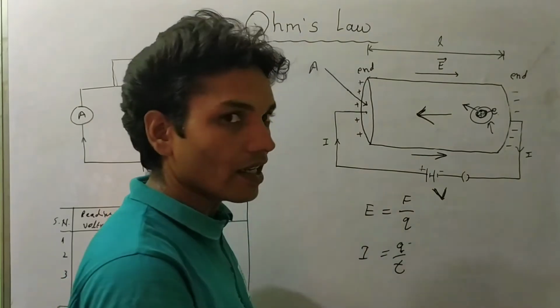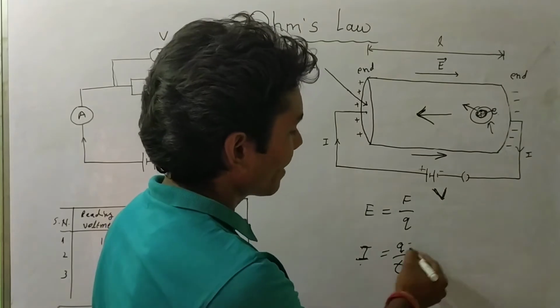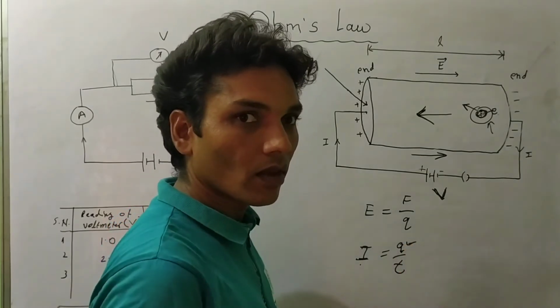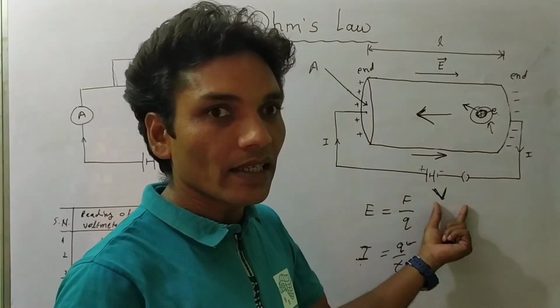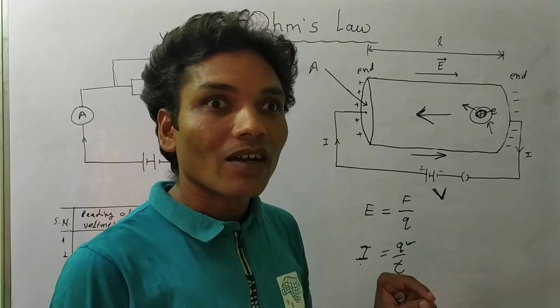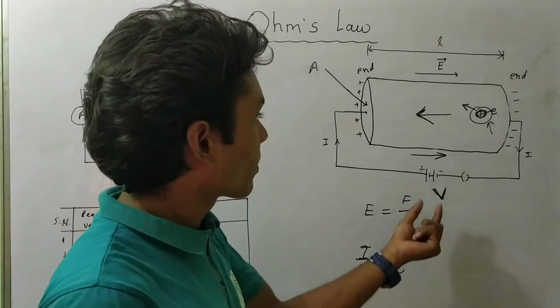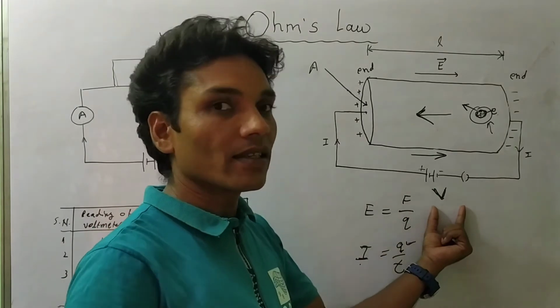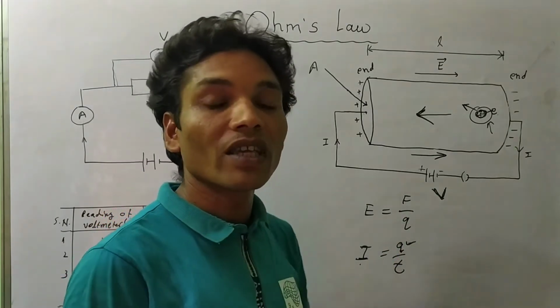When Q is increased, I will also increase because I is directly proportional to Q. So when potential difference is increased, current flowing through the conductor also increases. If the potential difference is increased again, then the current flowing through the conductor will also increase.